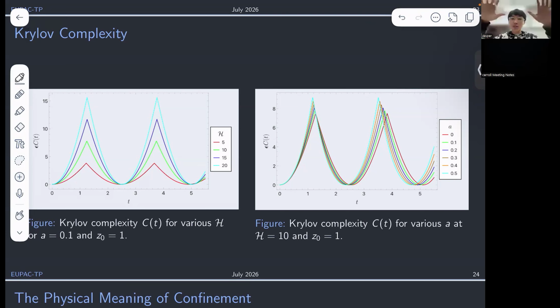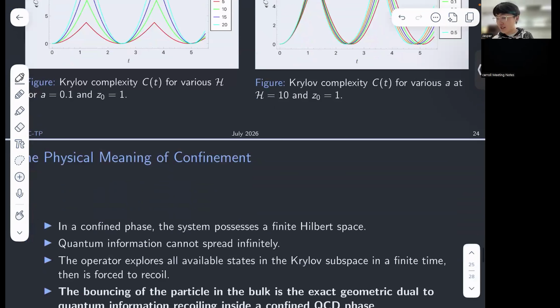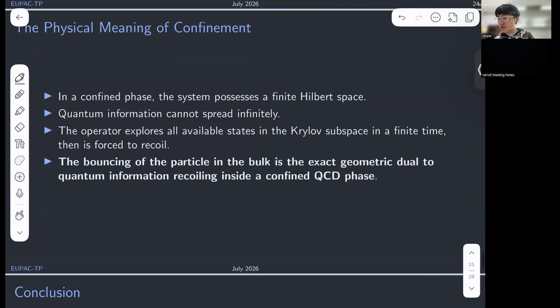So it keeps bouncing back and forth. That is why we're seeing this kind of oscillatory Krylov space. I've explained most of the things. It's a confined phase in Hilbert space, so it's bouncing back and forth.